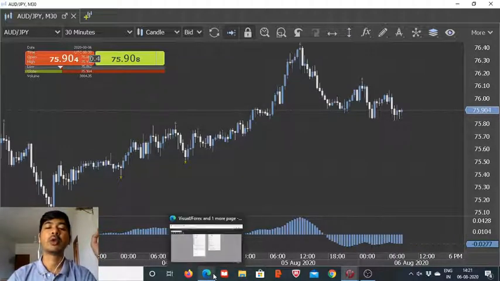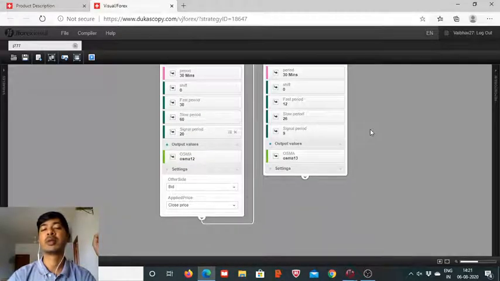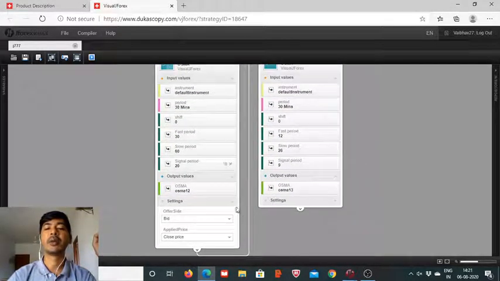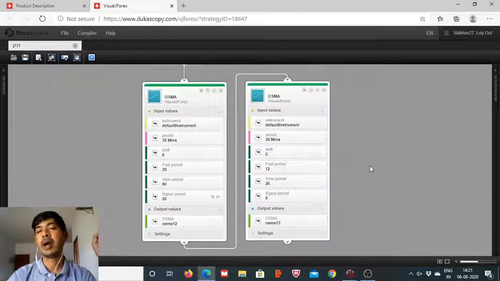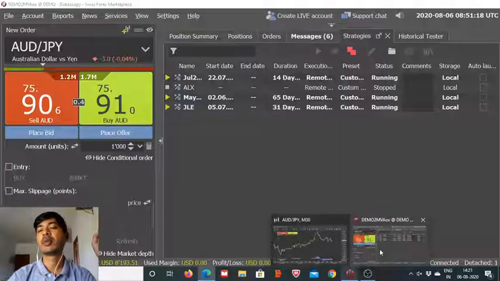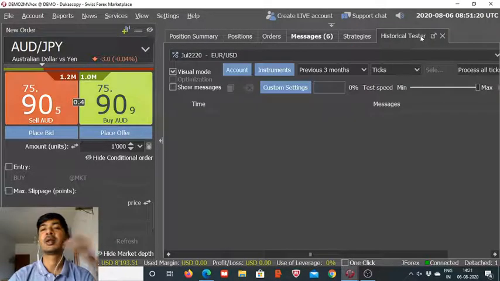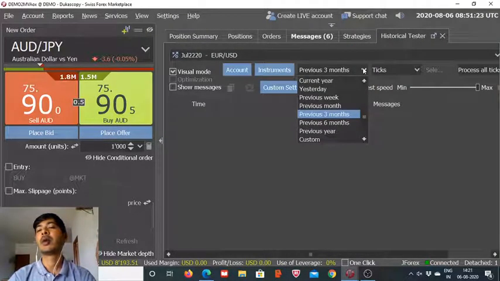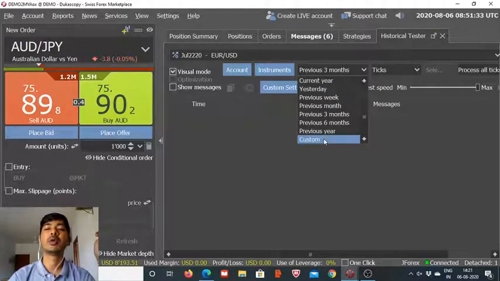So all you can do that on this Visual JForex platform, and you can develop the algorithm, and then after testing you can do the testing on the historical tester here for any amount of time. Here we have these various options, and if you choose to do the historical testing on custom data, then you have to just fill in the dates, and you can test your strategy, your algorithm, on that time period.